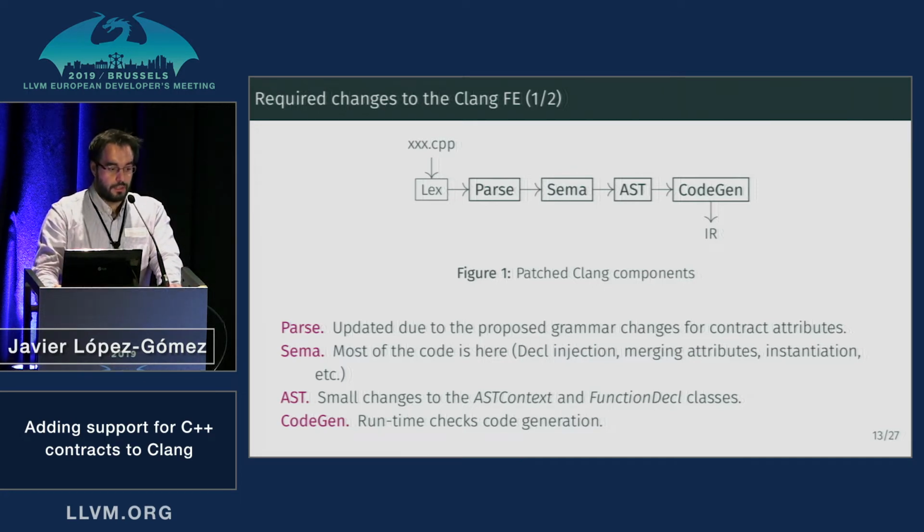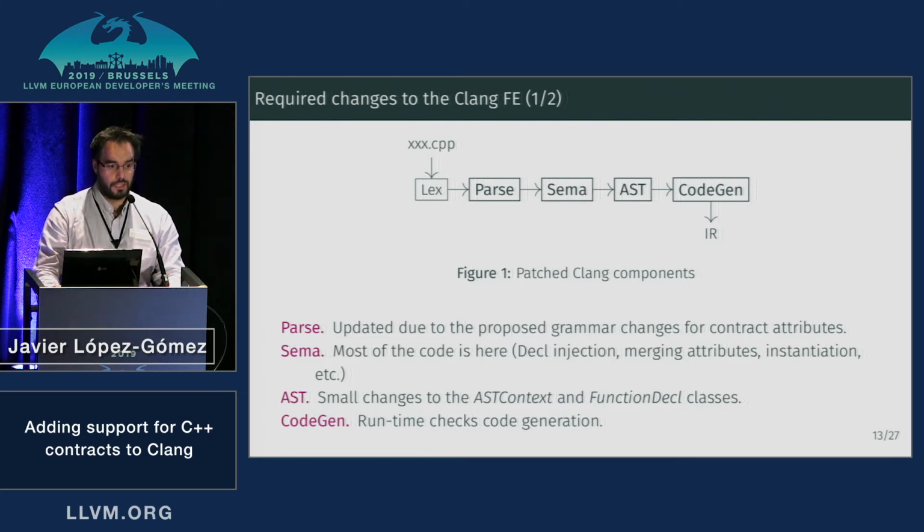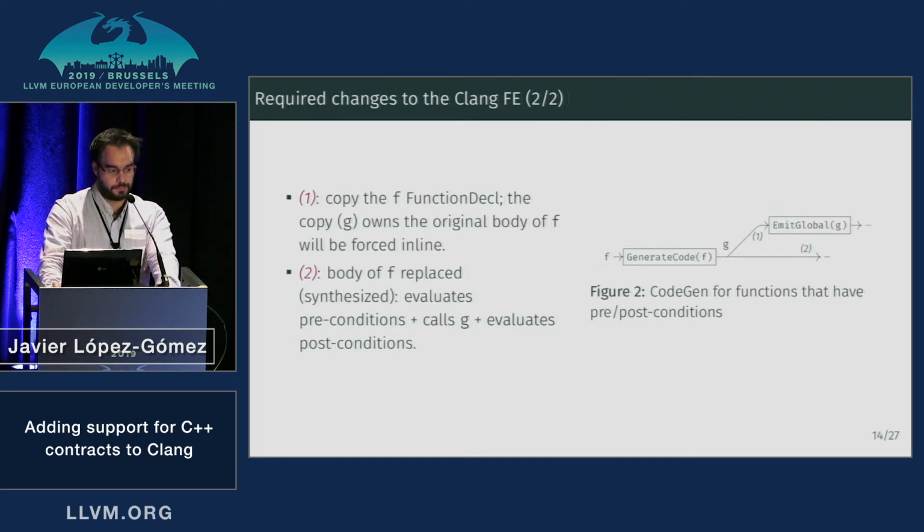I also did some small changes to the AST context and function decl classes, just to store some additional information I need to keep around. And the code gen, of course, just to generate the code for the checks at runtime.